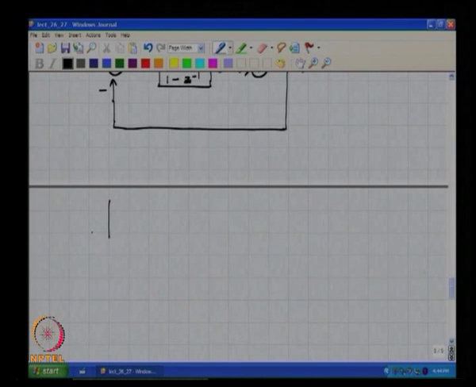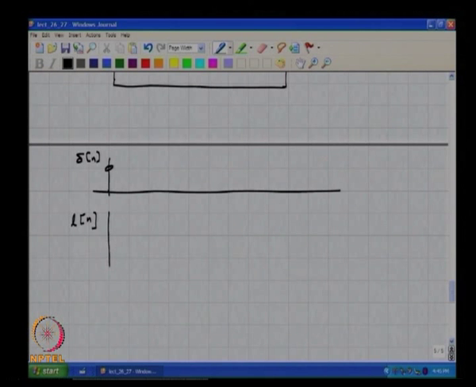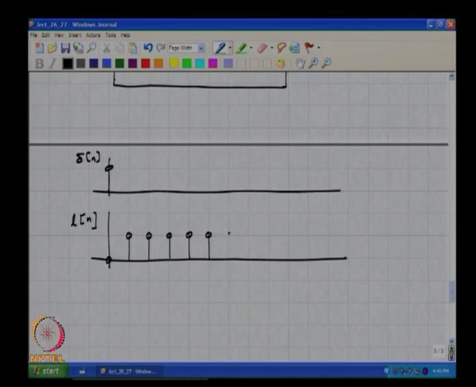The input sequence is an impulse, all right, and the output sequence, how does it look like? Zero, 1, 1, 1, and so on. Does it make sense?